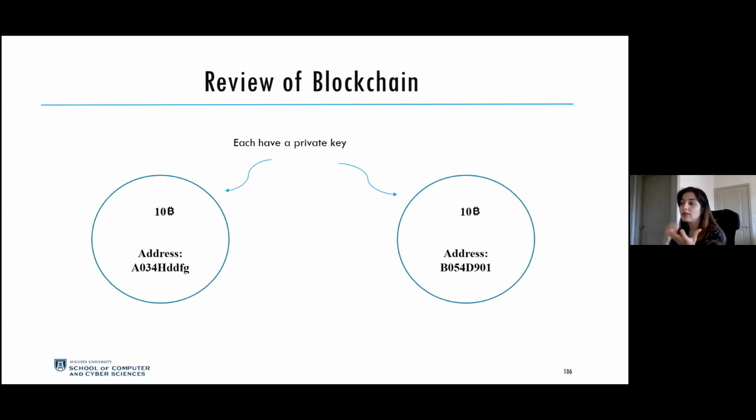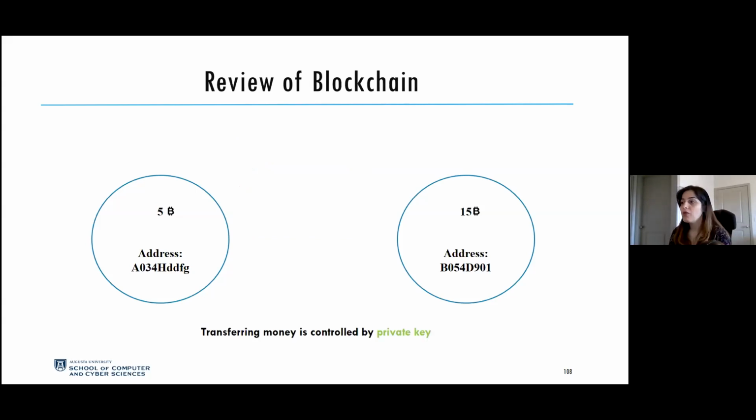You have the person A with the address on the left side, A0, which has 10 Bitcoins, and you have the user B with the address B0 and 10 Bitcoins. If you wish to transfer a digital currency, for example 5 Bitcoins, you have to use your private key to do this transaction.